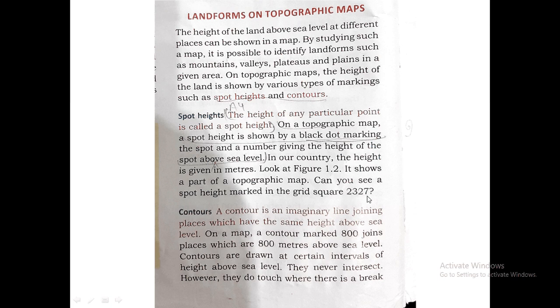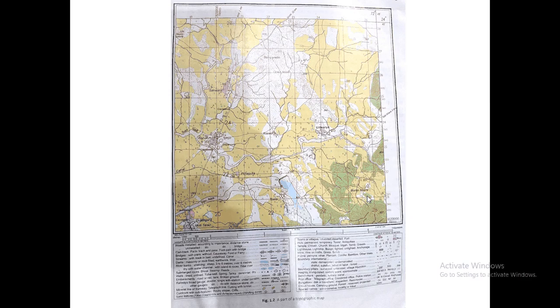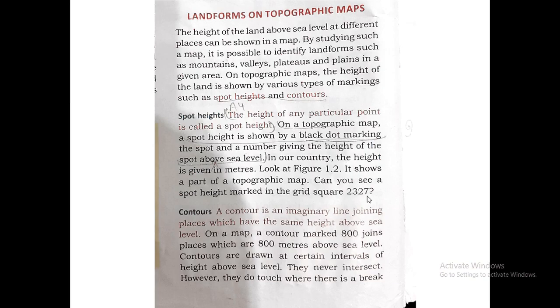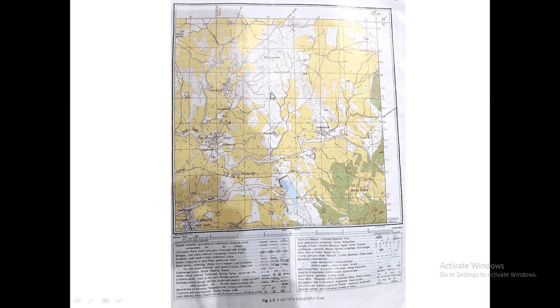So in this figure 1.2, it is asking for the spot height which is in 23 and 27. Here there is 20 over here. This is the easting, the vertical line. This is 21, which is not mentioned but is understood.